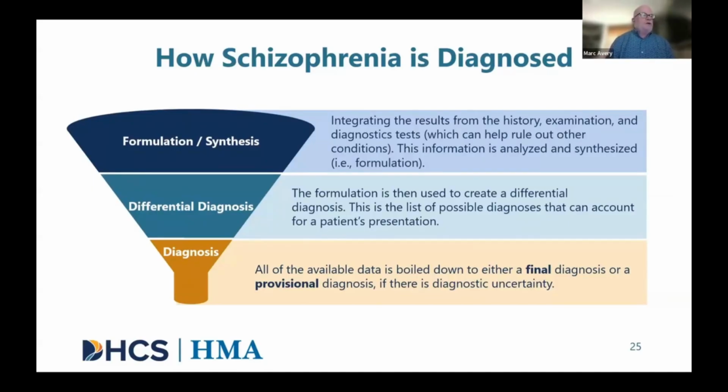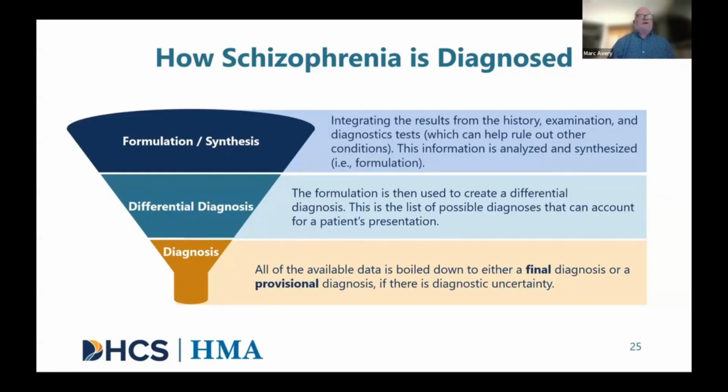That information includes history taking, talking to Darren, talking to his family members, talking to other caregivers, looking at the medical record, taking a detailed medical history, taking a psychiatric history and a substance use history. You may also examine Darren to assess his overall health and possible related physical conditions.